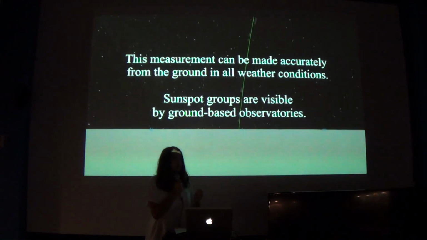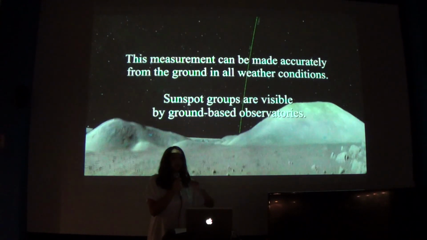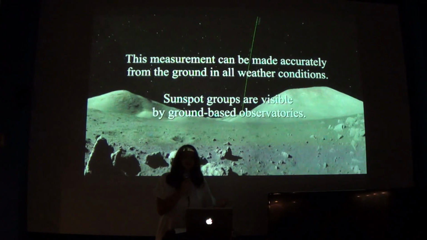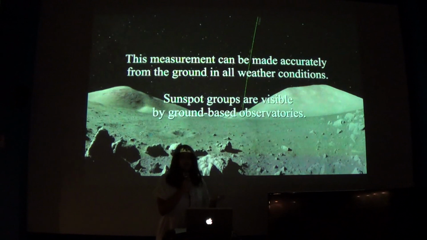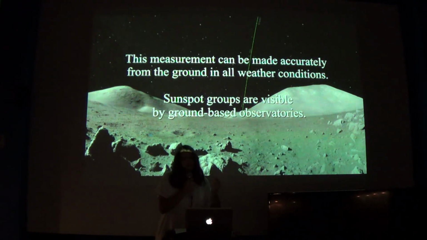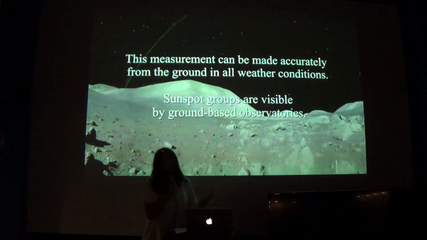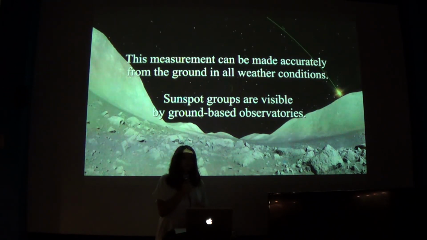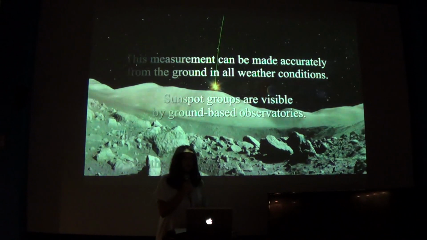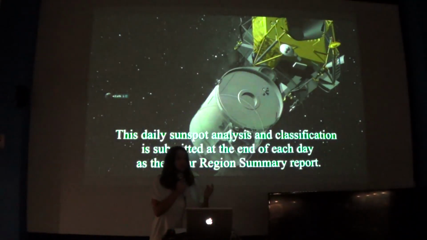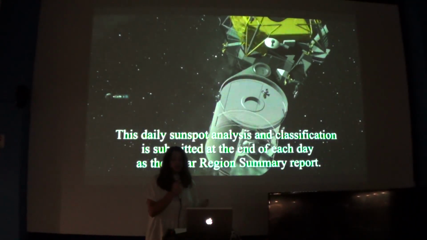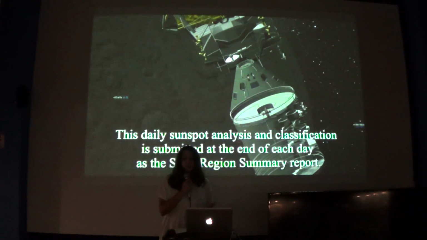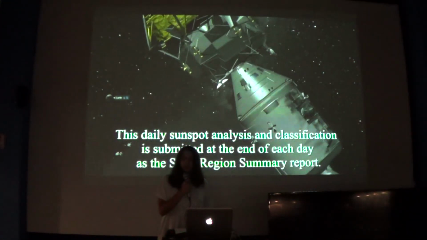This measurement can be made accurately from the ground in all weather conditions. Sunspot groups are visible by ground-based observatories. This daily sunspot analysis and classification is submitted at the end of each day.